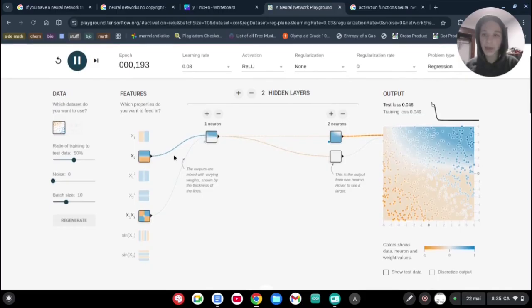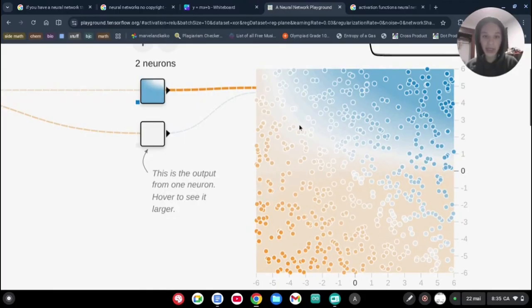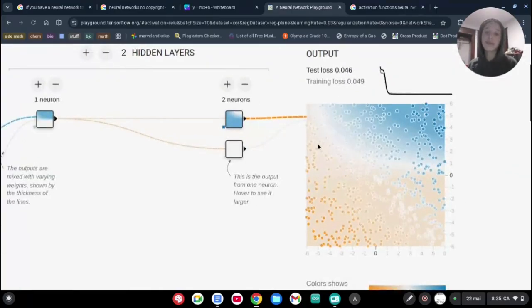What is this neural network trying to do? I think it's trying to maybe sort the blue and orange lines, potentially. Difficult to say. And I don't know if we need to understand this now, but as you can see, this may be the line of approximations.